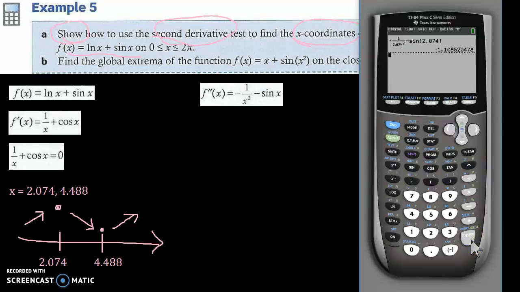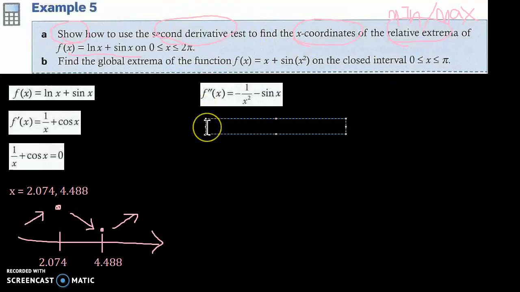The value that we got is a negative value, which means the graph of f of x concaves down. In other words, when my x is equal to 2.074, that is a maximum point. Let me type that down. f double prime of 2.074 is a negative value.